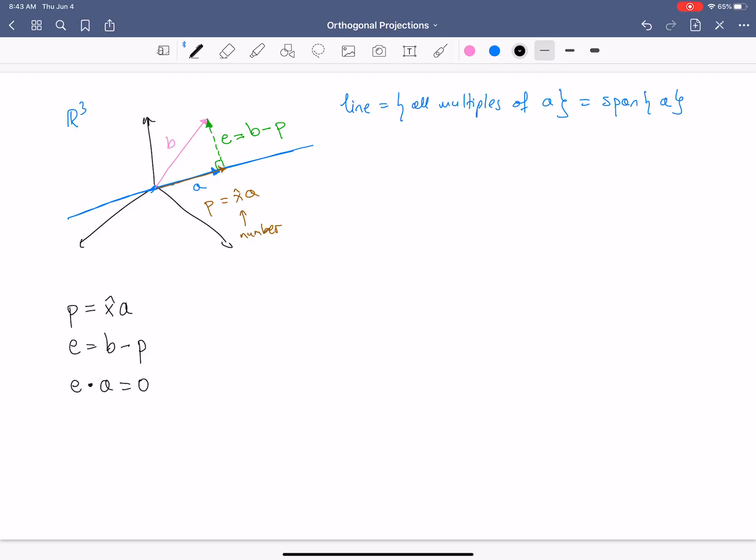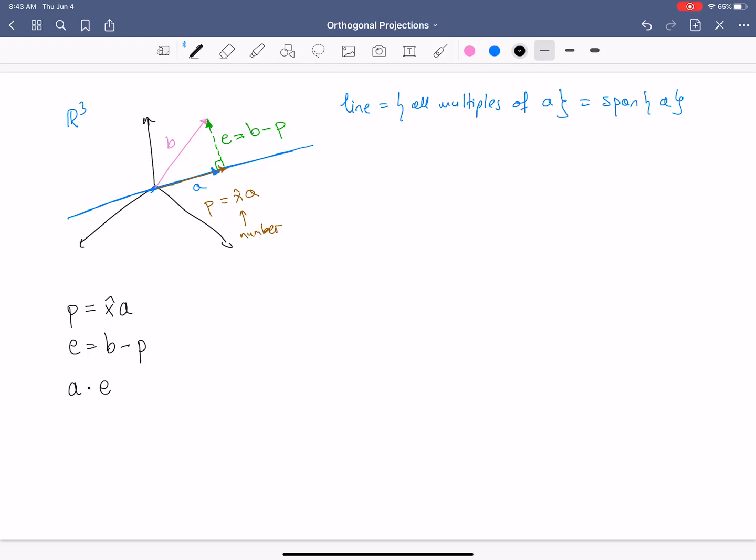I can write that as E dot A, or as E transpose A, because I want A on the right-hand side. It's the same expression and means the same thing, but it will just look a little prettier.